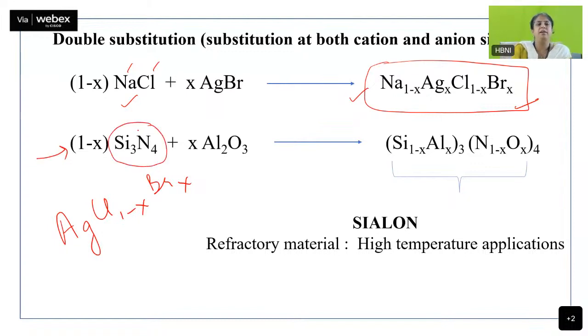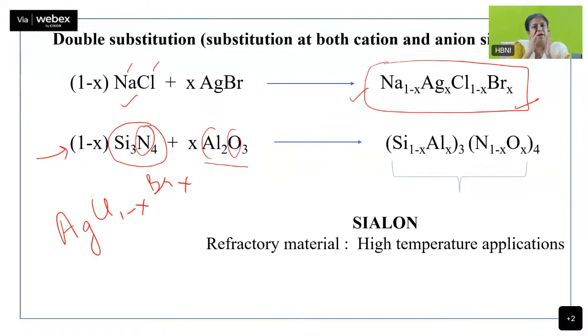Si3N4, silicon nitride, is a very high temperature material, and it can be improved in its property if we add alumina to it. If you look at it carefully, all of you know silicon is 4+. I'm replacing some of the silicon by aluminum, which is 3+. I'm reducing positive charge. But concomitantly, I'm also replacing nitrogen, which is 3-, by oxygen, which is 2-.